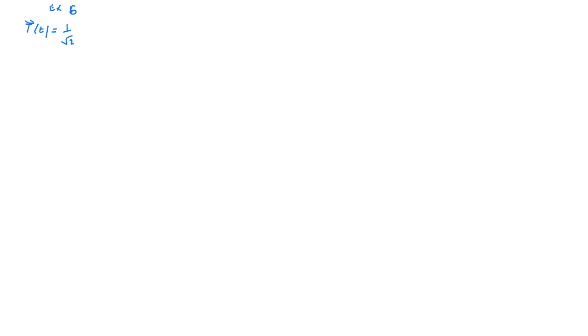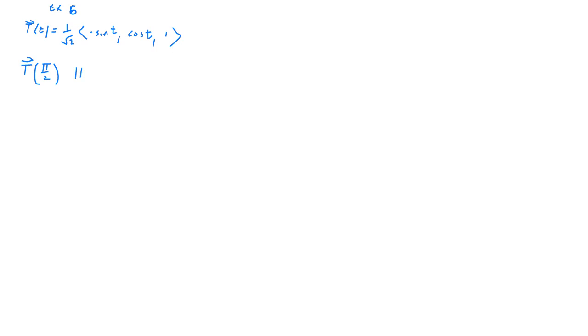Tangent vector is 1 over root 2 times the vector with components negative sine t, cosine of t, and 1. And what we want to do is find the tangent vector when t equals pi over 2.